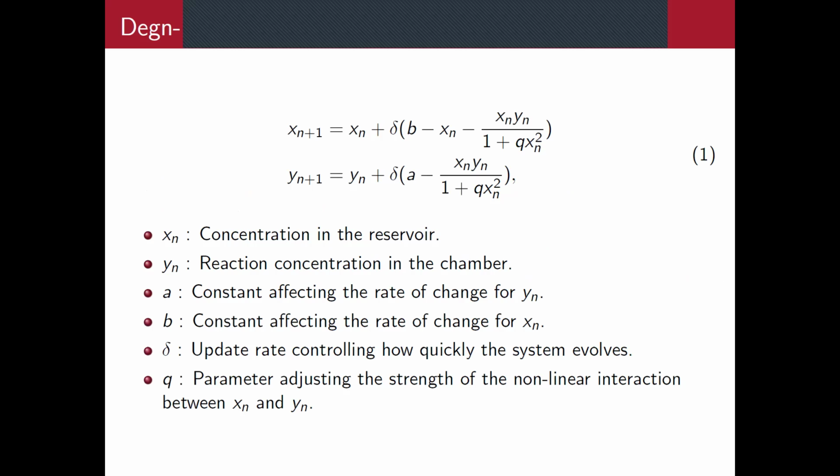Now that we know the origin, let's dive into the mathematical formulation of the model. This is the equation for the Degn-Harrison model. Here Xn represents the concentration in the reservoir and Yn represents the reaction concentration in the chamber.